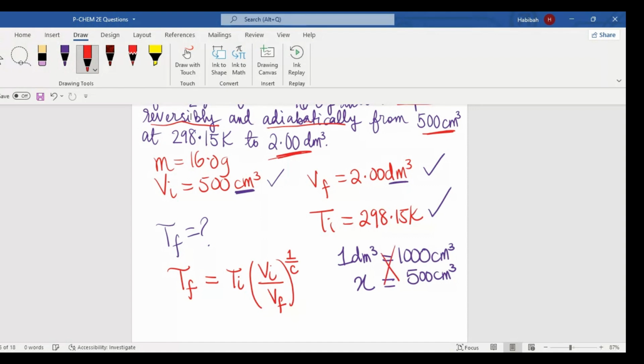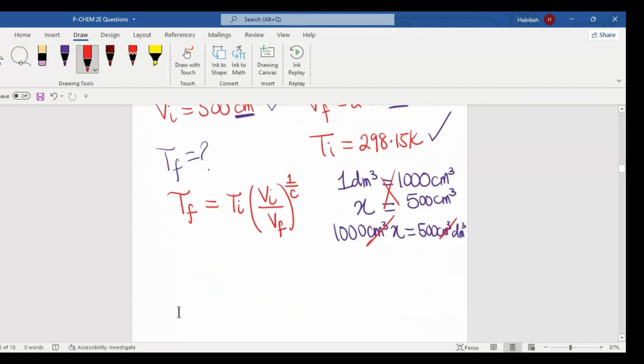Of course, you cross multiply to know what the value would be for X. What you end up with is 1000 centimeter cube times X equals 500 centimeter cube times decimeter cube. Of course, you can cancel out the centimeter cube because those are the units that are consistent on both sides, and X ends up becoming 500 divided by 1000 decimeter cubed.